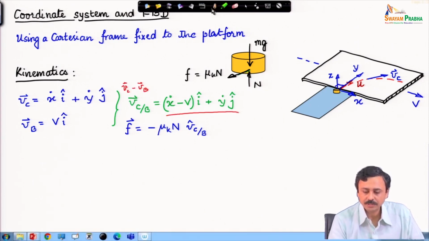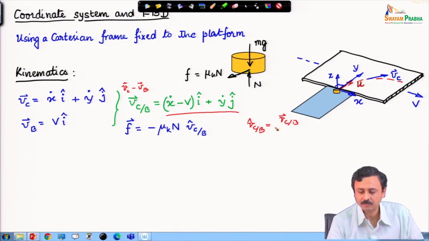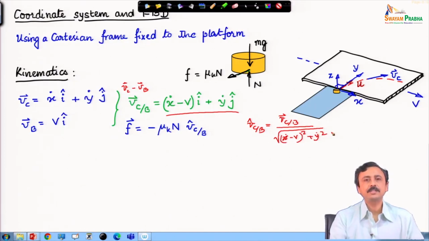That can be found easily. This V c with respect to B unit vector is nothing but the vector itself, V c relative to B, divided by the magnitude, and the magnitude is the square root of (x dot minus V) whole square plus y dot square. That gives us a unit vector.